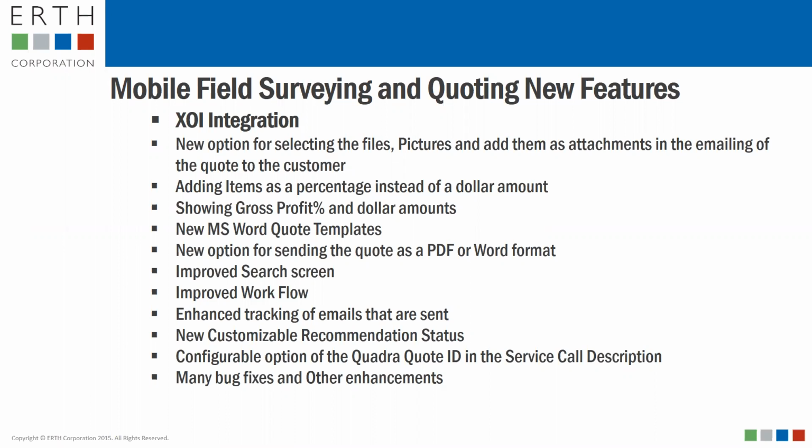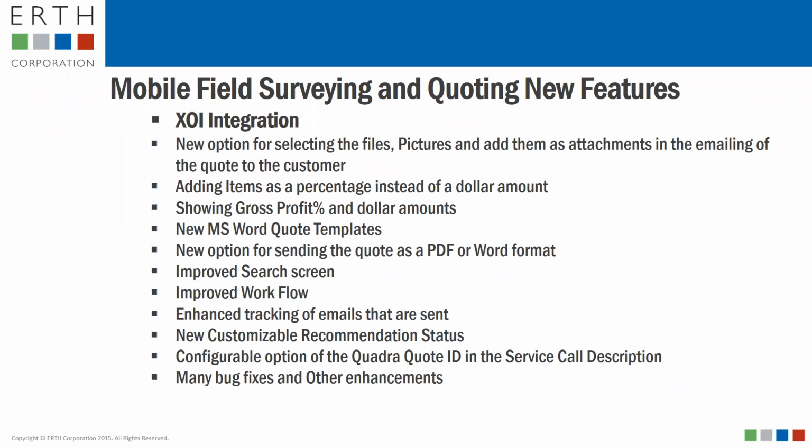The next one is our new feature. If you don't have XOI integration, or you just want to quickly attach the pictures or videos or whatever it is that you take right with the quote when it's emailed to the customer, we also have new options now for selecting those, whether it be pictures or attachments or files, right with the quote as it's emailed to the customer in the automated fashion through Quadra.